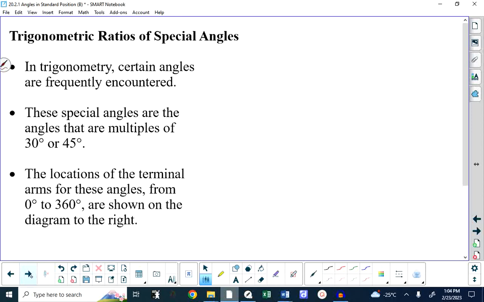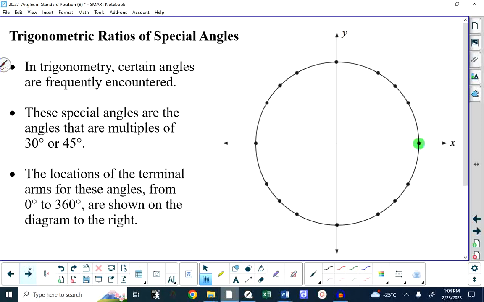And if you take a look on the right-hand side of the sheet, I'm going to ask you to focus up here. What I've got is a circle centered on the coordinate grid, and that green dot, of course, is 0 degrees. No problem there. Remember, we measure angles counterclockwise, and all of these angles that I've highlighted here, I haven't highlighted every one that's on that diagram, but all of the ones I've highlighted are 30 degrees away from each other.